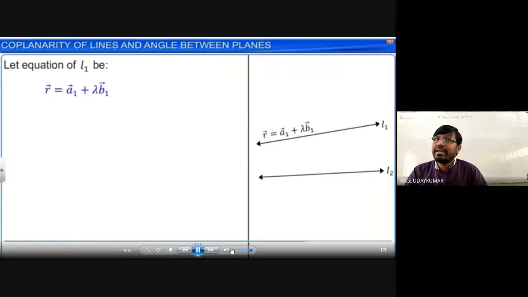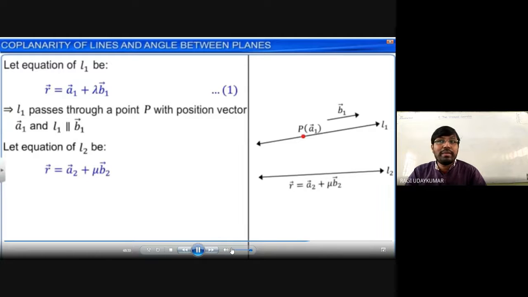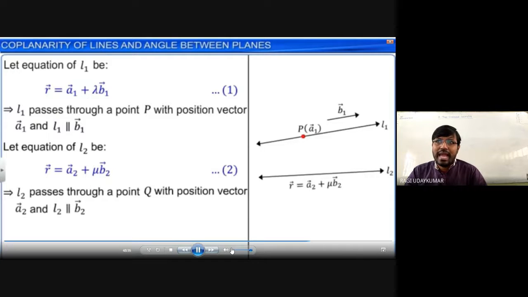Now, coplanarity of lines and angle between planes. When do we say two lines are coplanar? Let us consider the line equation, recalling what we learned previously: A bar plus lambda b bar, where b bar is a vector parallel to the given line, and A1 is a point present on the line.